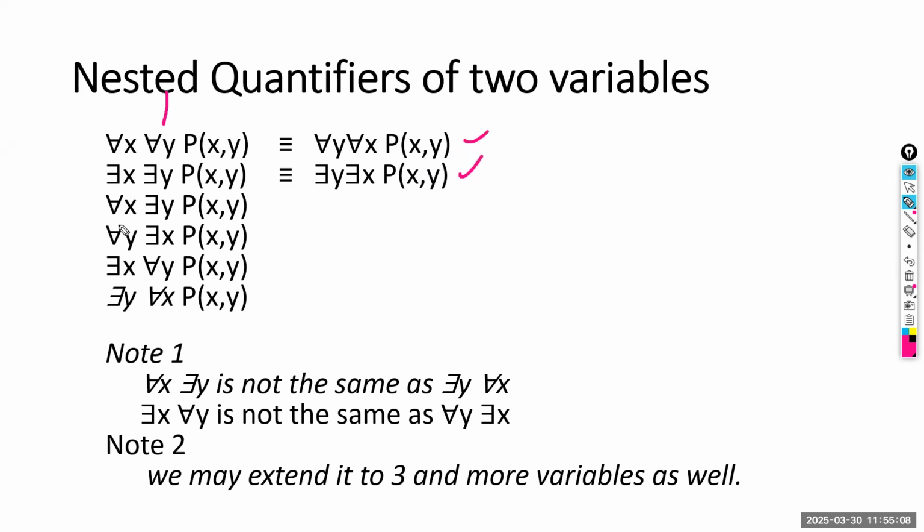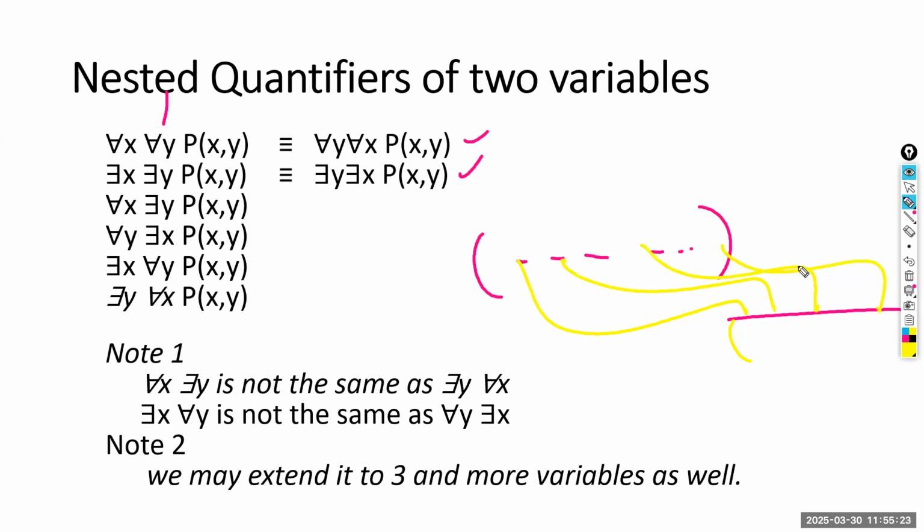Then what about this? For all x values, you pair it with at least one y value. That means for this x value, at least one y value, and for this x value, at least one y value. It must be true. Then only we can say for all x there exists y, P(x,y). This other one is: for all y value there's at least one x value which satisfies. Okay.